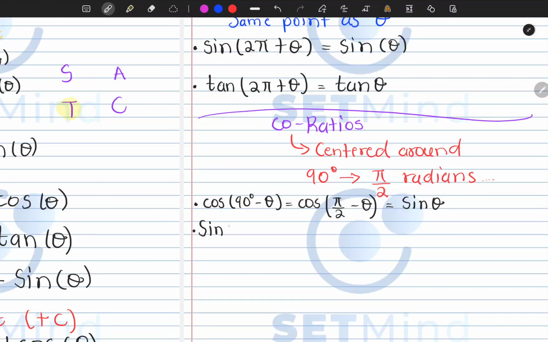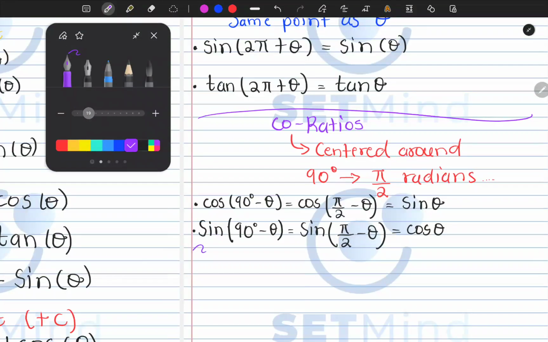which means if we have sine of 90 degrees minus theta, which is in the first quadrant, this is the same as, in radians, pi over 2 minus theta. Because I said when we're dealing with co-ratios, you change from a sine to a cos or from a cos to a sine, this will just become cos of theta.